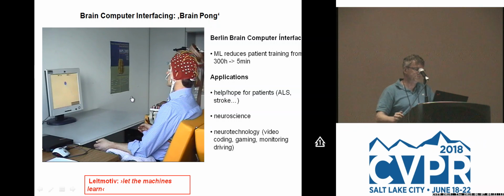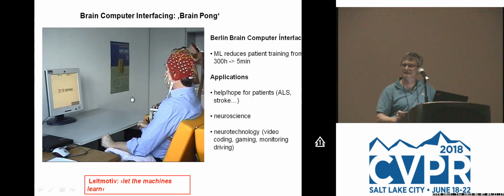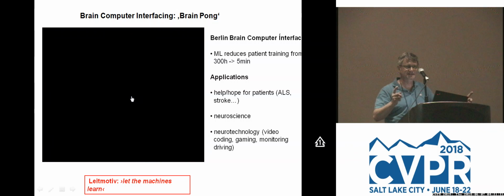And by the way, this is fun. You can also play this against each other with your brain, two brains coupled. And also, I'm good at this, so at some point members of my lab refused to play.